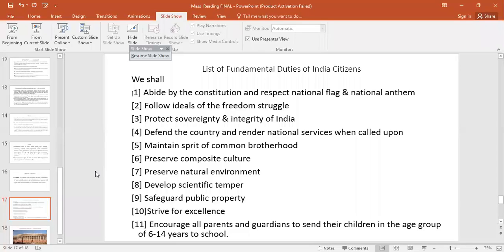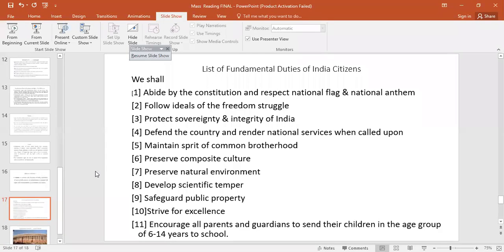We shall defend the country and render national service when called upon. We shall maintain spirit of common brotherhood. We shall preserve composite culture. We shall preserve natural environment.